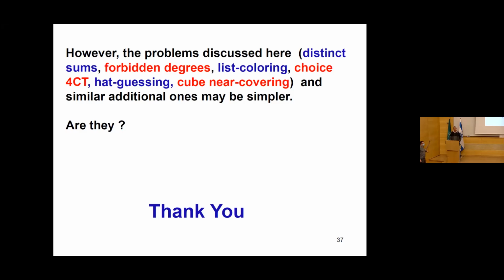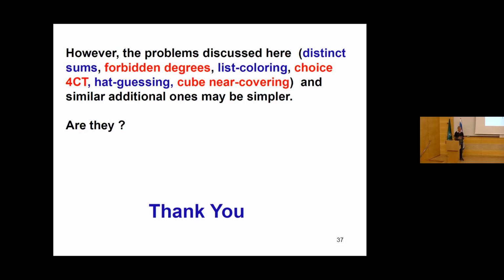Any other questions? If we have a general planar graph, then can we say something about the list coloring number of it? Right. So the question was if we know something about the list coloring of a general planar graph. Actually this has been studied a lot, and it's known that every planar graph is five choosable. So the list chromatic number of a planar graph cannot be more than 5, and this is tight.